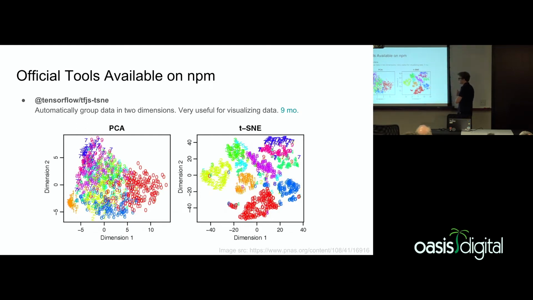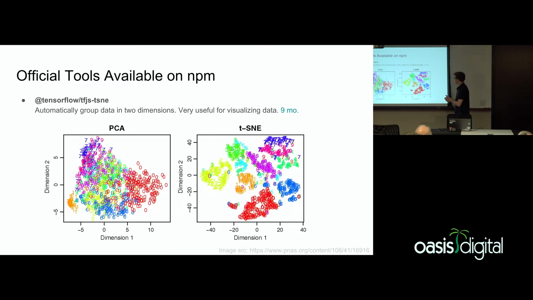Several years ago, I don't remember who, but they released tsne, and this is an iterative algorithm that tries to reduce the dimensions to 2 and also tries to essentially push dissimilar examples apart while also trying to keep similar ones together.